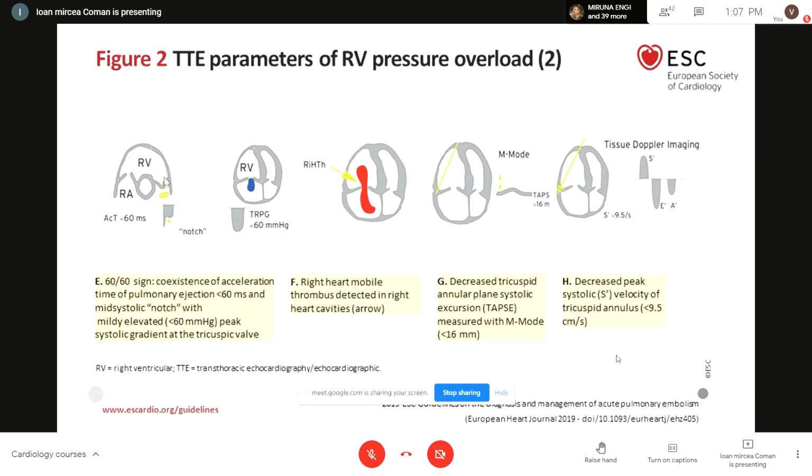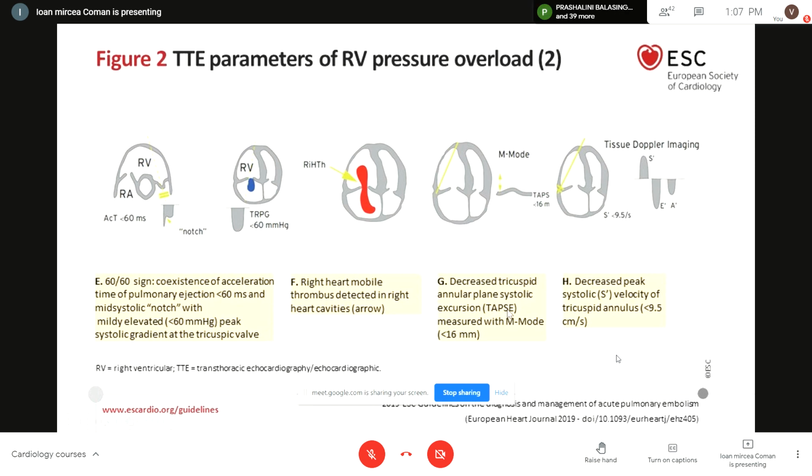we can find high pulmonary pressure, and we can measure it by measuring the velocity of the tricuspid regurgitation, by measuring the acceleration time of the pulmonary flow, and we can also measure some parameters which allow us to say there is a right ventricular dysfunction, like the decreased tricuspid annular plane systolic excursion, TAPSE.